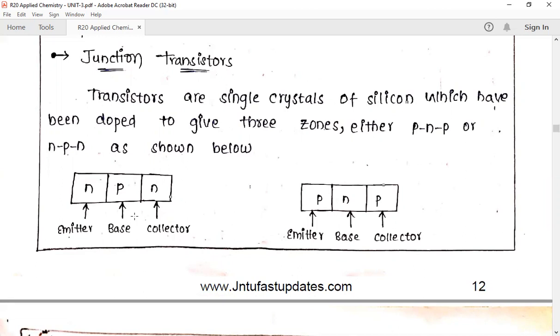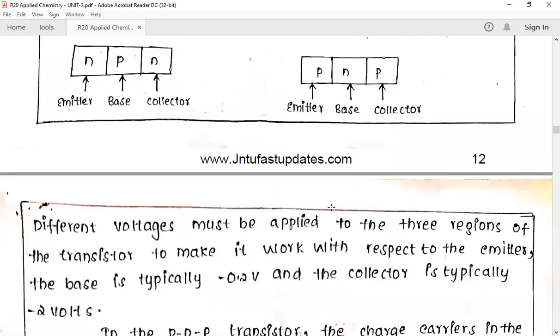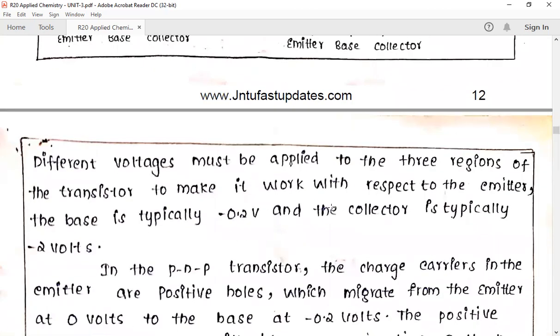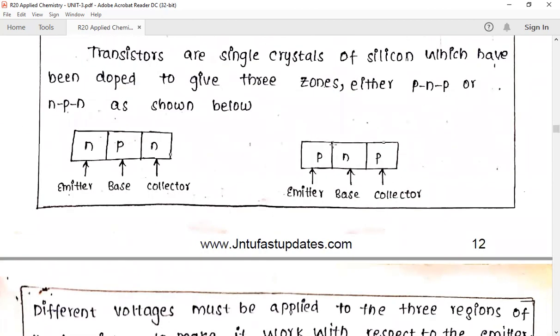And there are two types of bipolar junction transistors: NPN and PNP. In that, the first one is the PNP, and we will learn about this one.